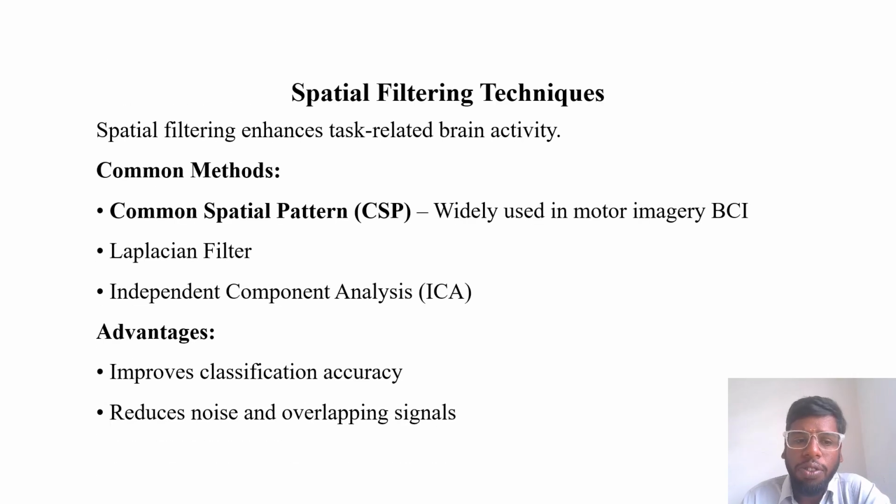Spatial filtering enhances task-related brain activity. Common methods used in spatial filtering, widely used in motor imagery, are the Laplacian filter and independent component analysis. The advantage is that classification gives better accuracy, and it reduces noise and overlapping of the signals.